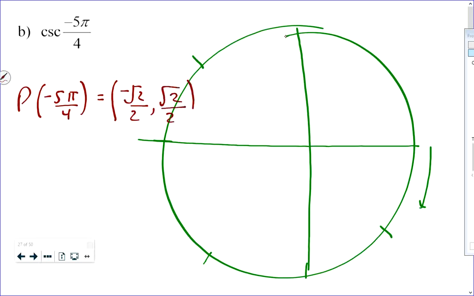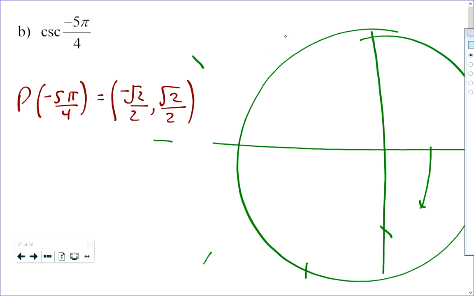That green circle is what I've done kind of on scrap paper or in my head to figure out the position where the point is. So I'm going to get rid of it.